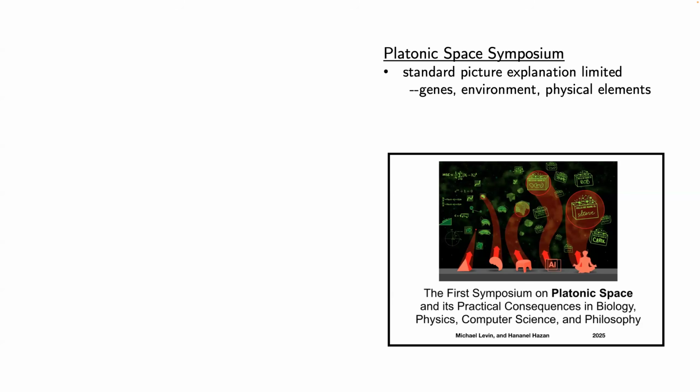And it's been suggested that this is a limited picture in certain ways. One of these ways is that it's suggested that there are various types of forms or patterns that also play an important role in our explanation and understanding of these systems.